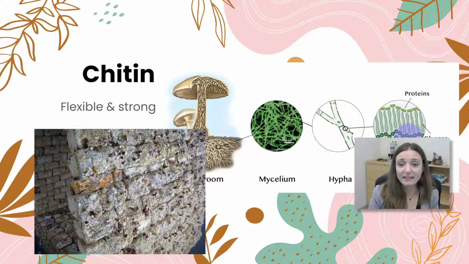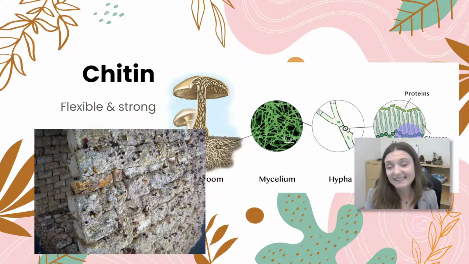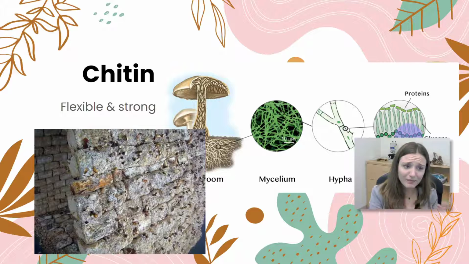Okay, and chitin, we will see it again once we get to the arthropods. It evolved again independently, so it's an analogous structure that we find in the exoskeleton of arthropods. So what makes the exoskeleton of insects so rigid is chitin, the same molecule. In fact, chitin is so flexible but also strong that there's some people that are looking to use chitin, or fungi really, as a building material.